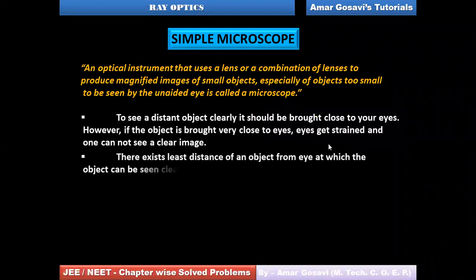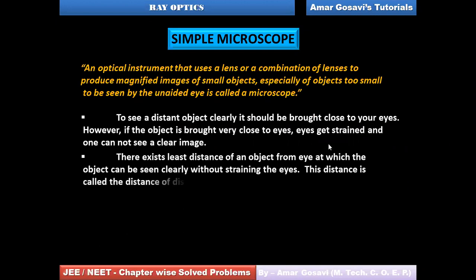You can see we know a concept called distance of distinct vision. DDV it is called, and it is 25 centimeters for a normal human eye. So what is this distance of distinct vision?